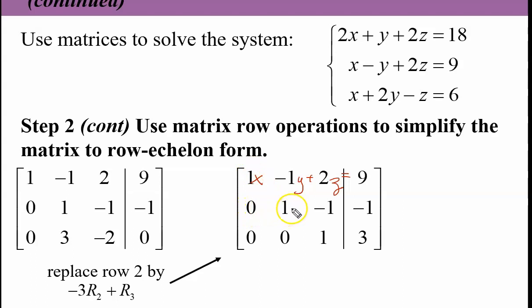This is going to be a 1y minus z, or equals a negative 1. And there is no x, no y. This is 1z. So in a sense, in our answer column, we now have a value for z. Z is 3.